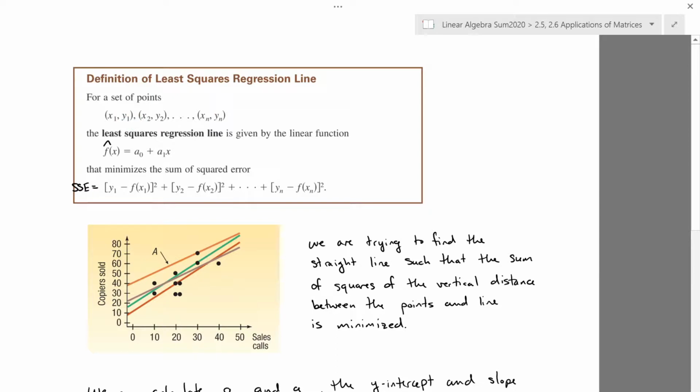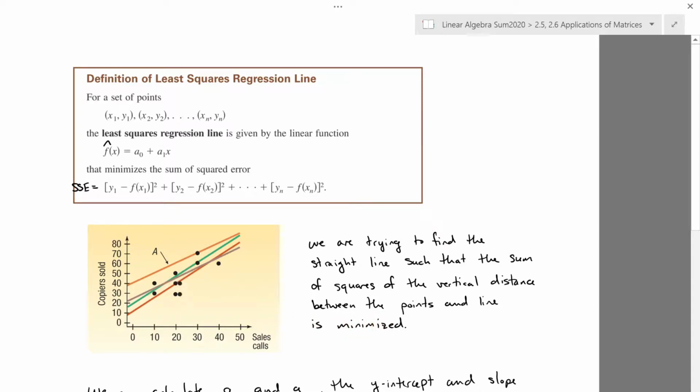So basically, given some set of points in the plane, we're trying to find the line that best fits the set of points, in the sense that the sum of the squares of the errors, or geometrically, the vertical distance between the points and the regression line. So the sum of the squares of the vertical distances should be minimized.